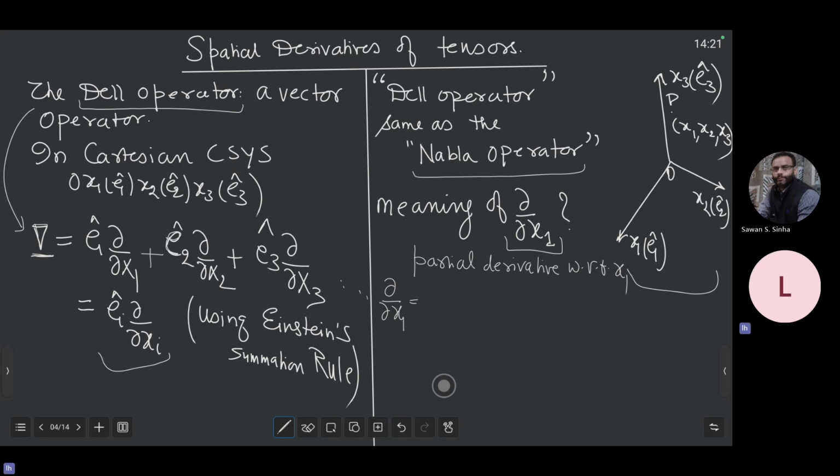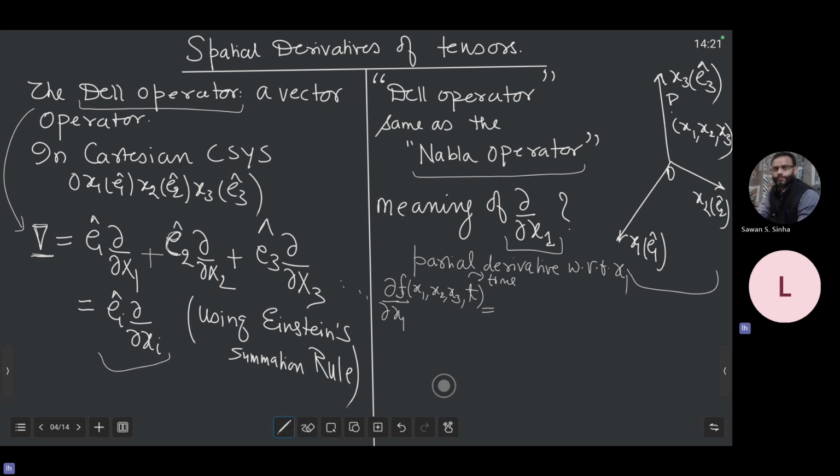So let me, for us to understand this more easily or remind ourselves more easily, put del f del x1, where f is a function of many things, say x1, x2, x3, and even time, some function. And I have been given this quantity del f del x1. What is this?